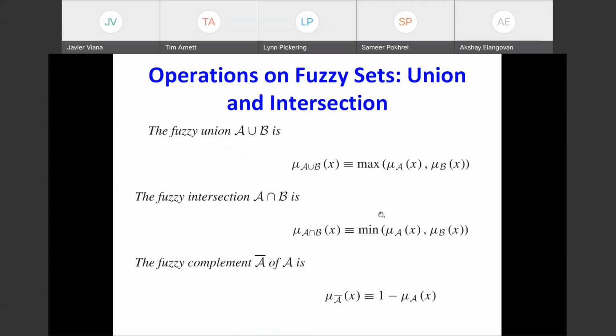So one of these T-norms for fuzzy union, if we have A union with B, is just the max function. So you're simply taking the maximum of those 2 membership values.